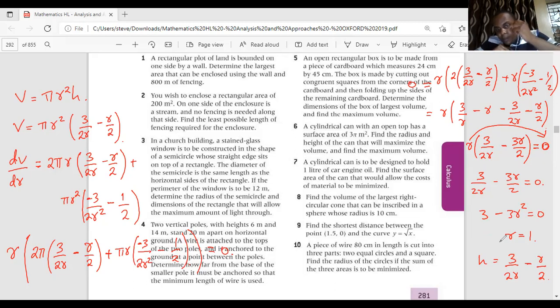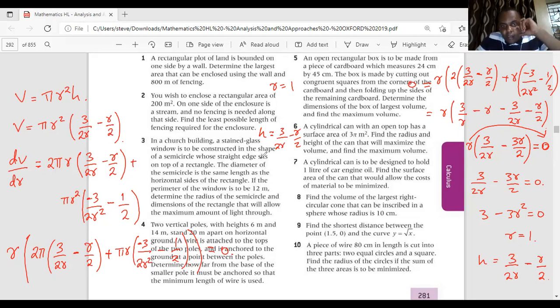Okay. So for us to get the maximum volume, we need r to be equal to 1. And remember, we started by saying that h was equal to 3 over 2r minus r over 2, right? Mhm.